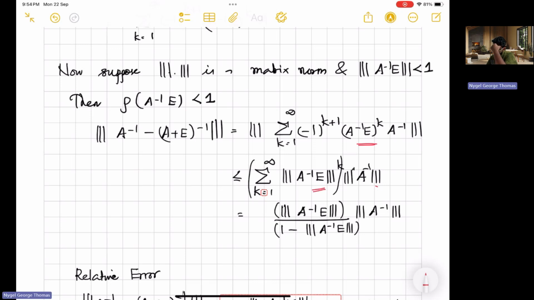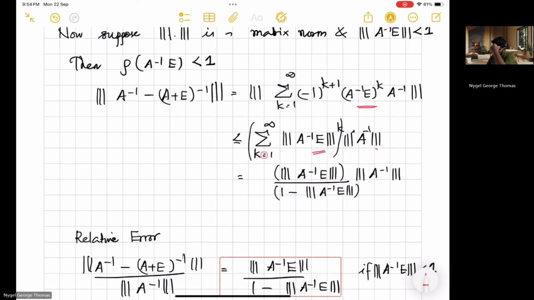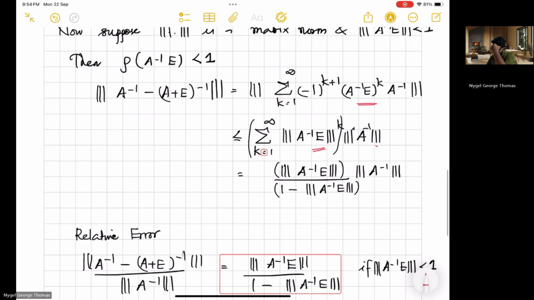Ultimately, what we have is an infinite sum of the form a plus a squared plus a cube and so on. If the norm of the value is less than 1, the infinite sum is a by 1 minus a.